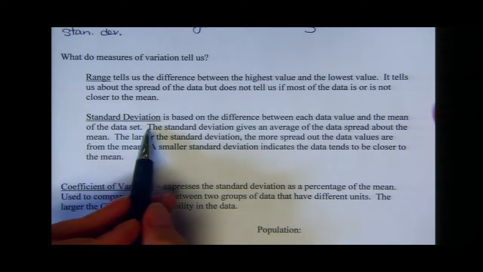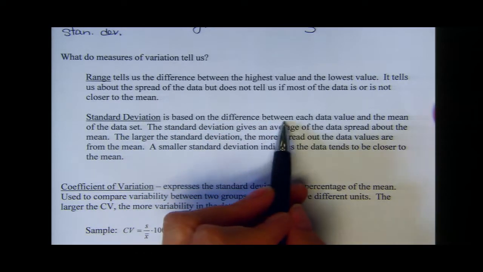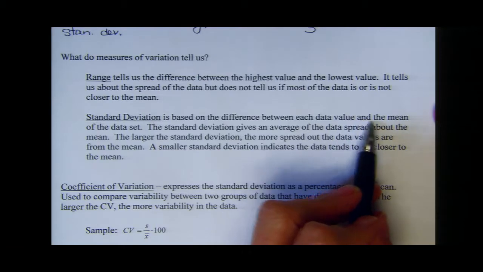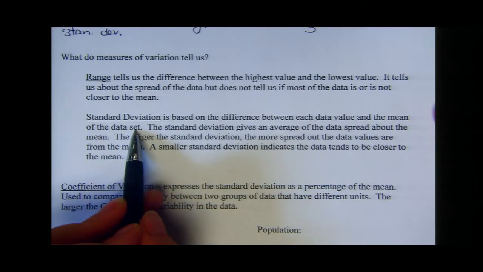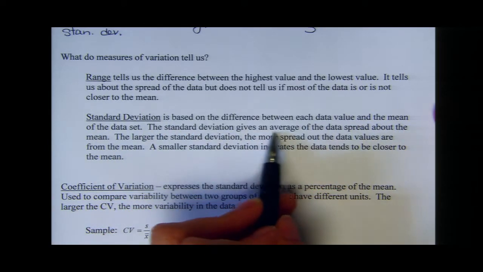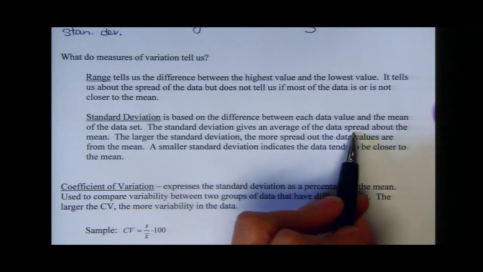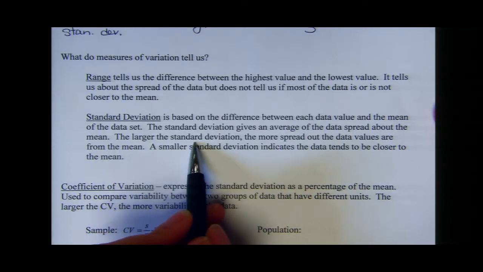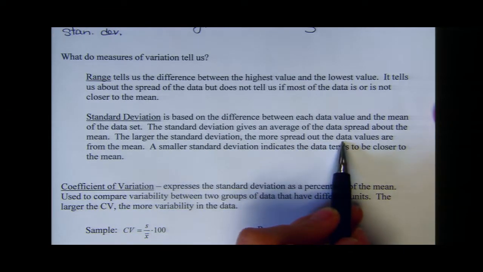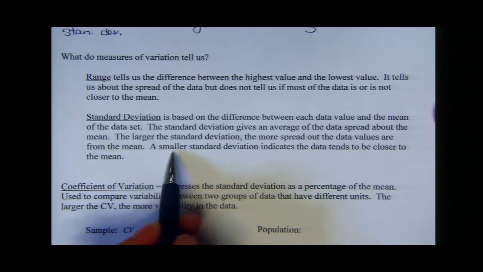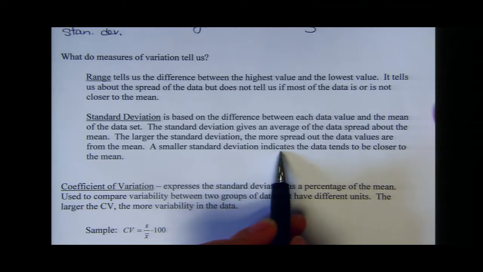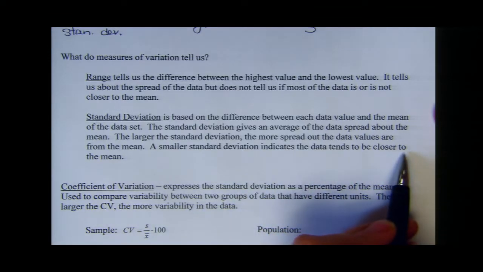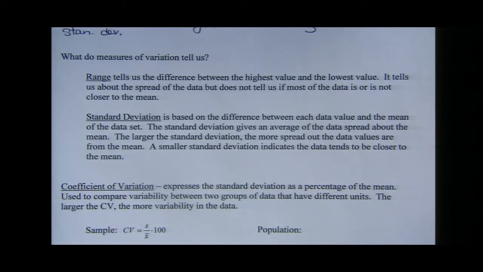Your standard deviation is based on the difference between each data value and the mean of the data set. The standard deviation gives an average of the data spread about the mean. The larger the standard deviation, the more spread out the data values are from the mean. A smaller standard deviation indicates the data tends to be closer to the mean.